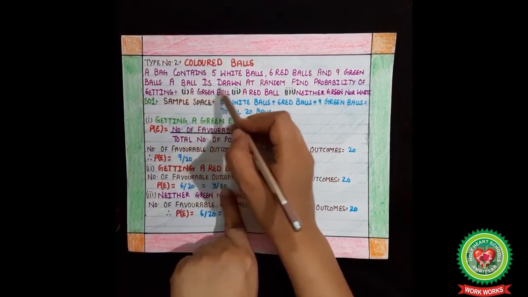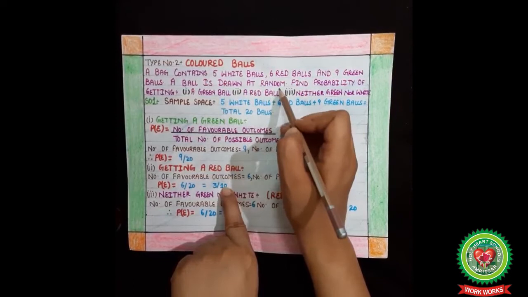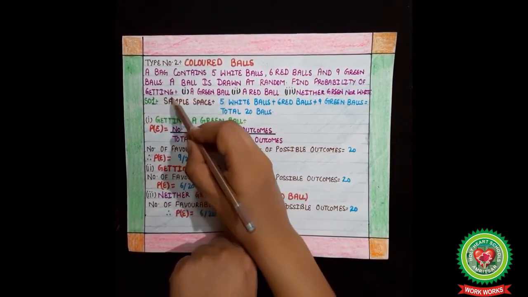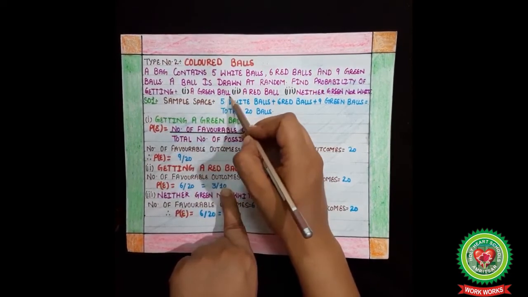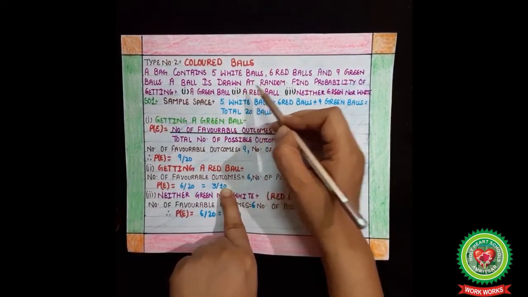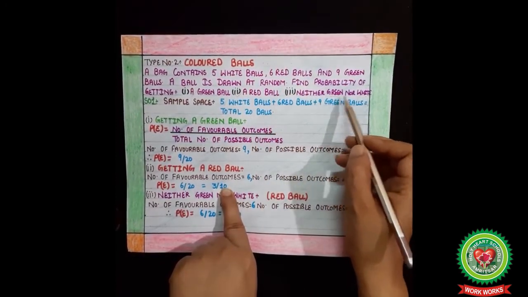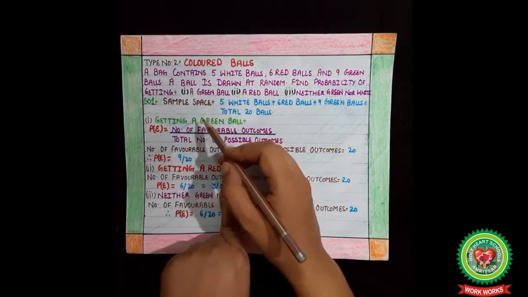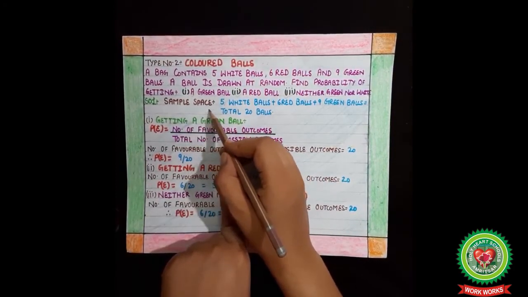A ball is drawn at random. Find probability of getting a green ball. First part, a red ball. Second part, neither green nor white.